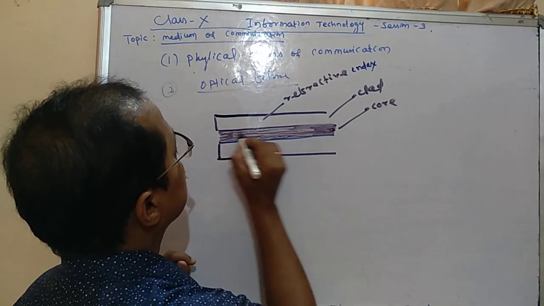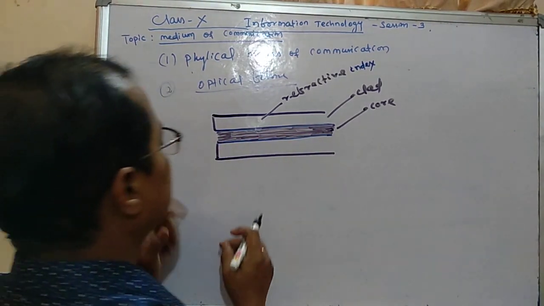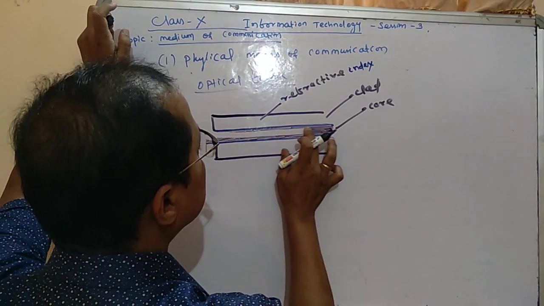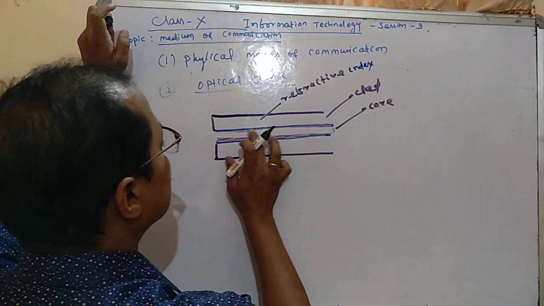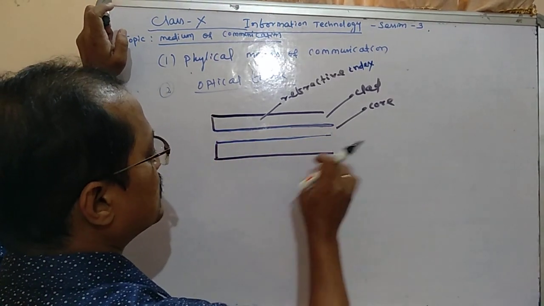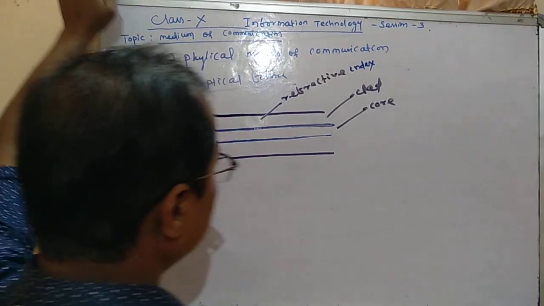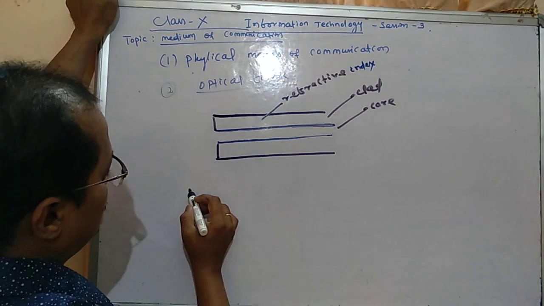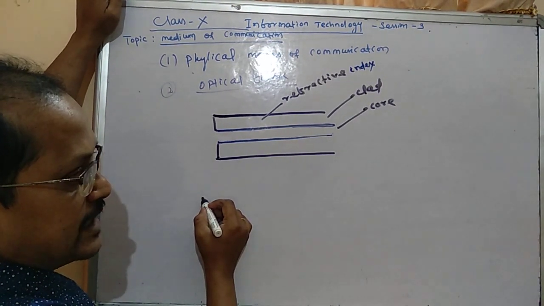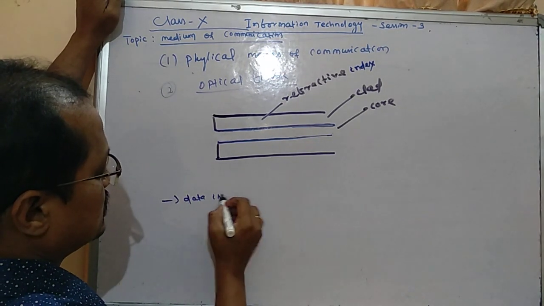Now see the surface, which is called the reflecting surface. In optical fiber, the data is converted into the form of light.